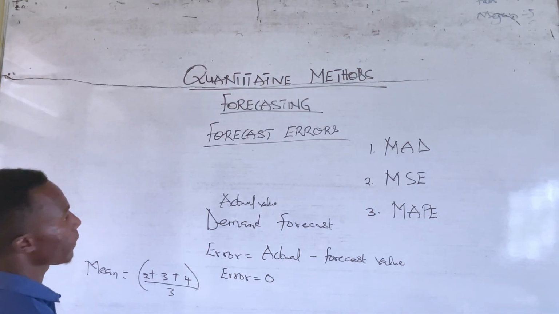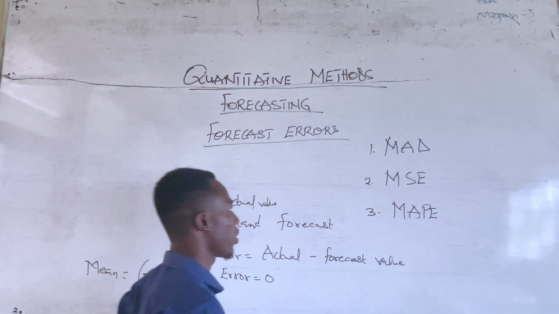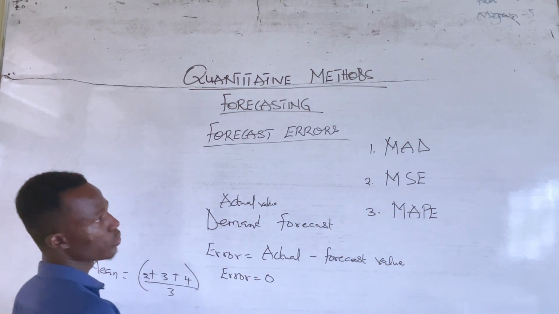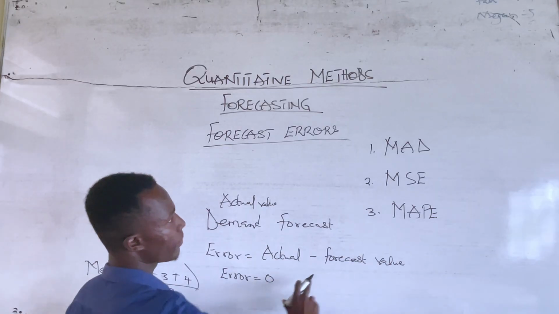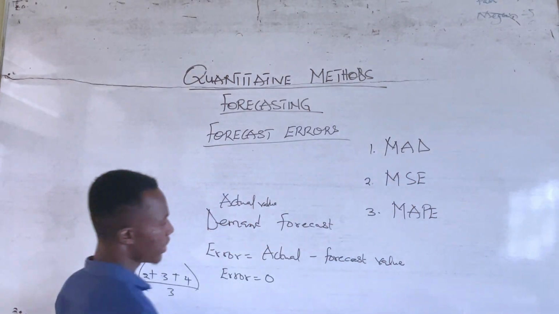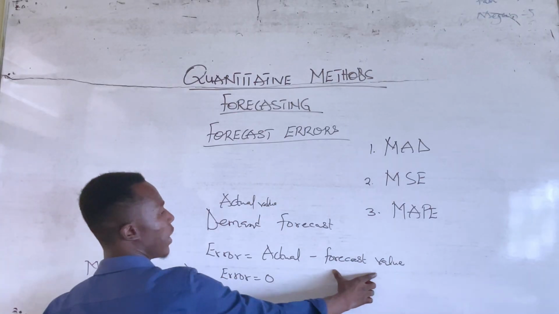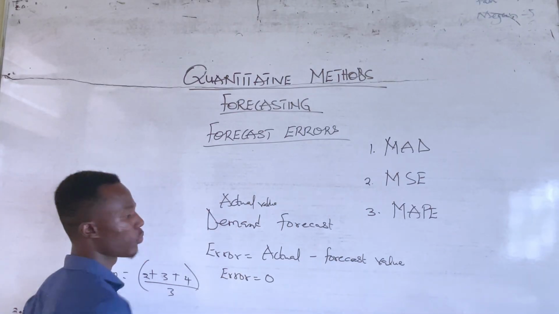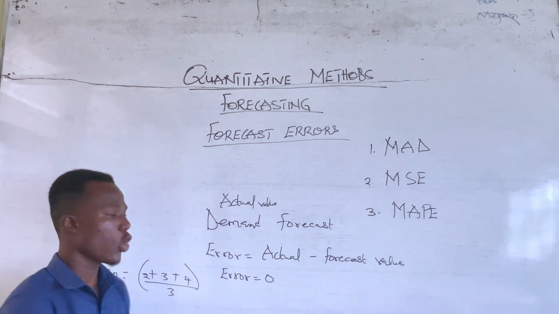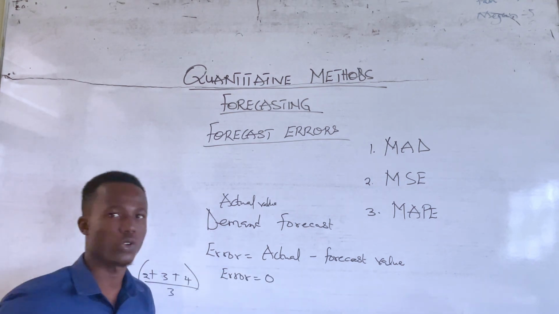And deviation here means you have to subtract two things. You are finding how the forecast is deviating from the actual value, or how the actual value is deviating from the forecast.